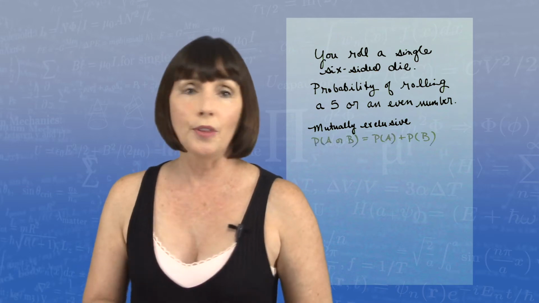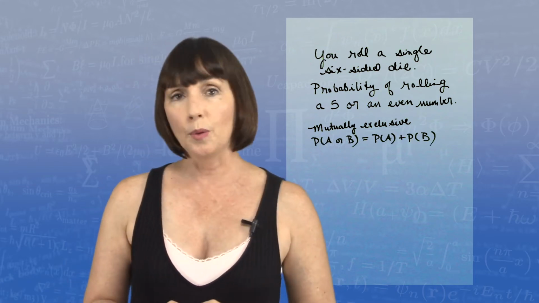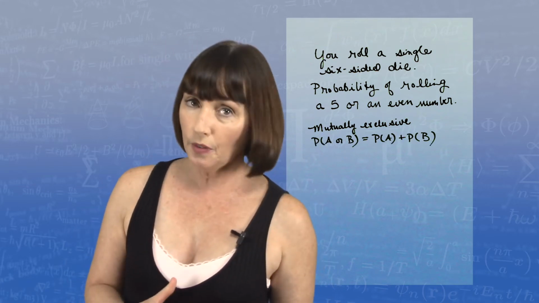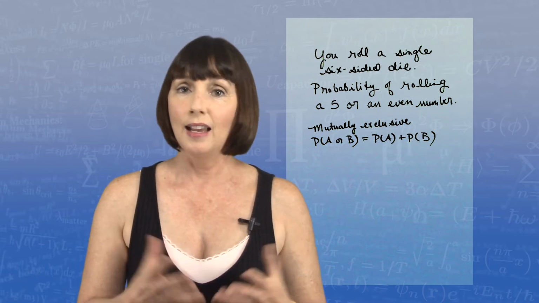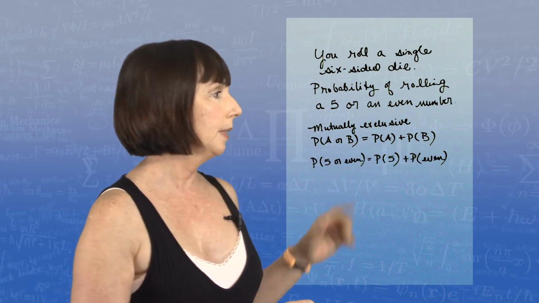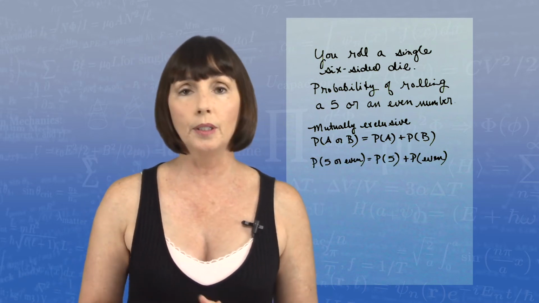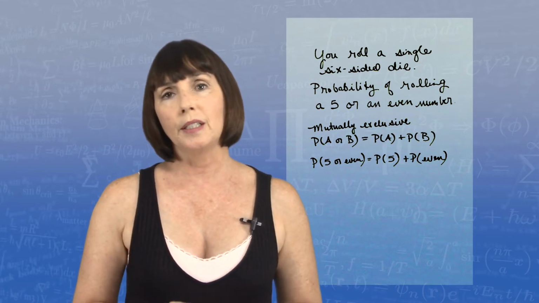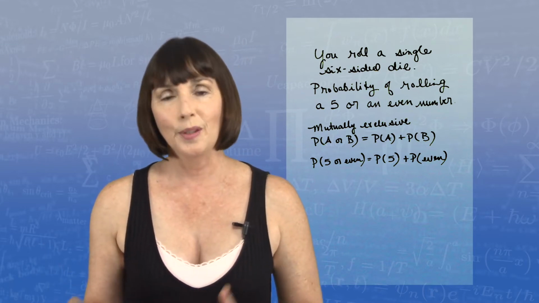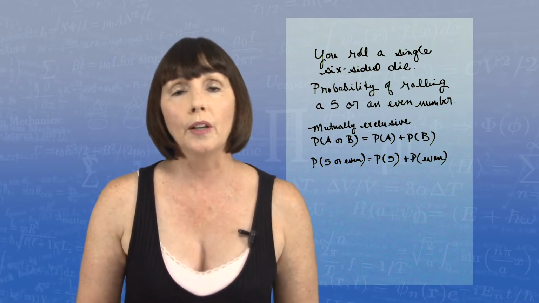So we'll remember that the probability of A or B is equal to the probability of A plus the probability of B for mutually exclusive events. And in this case, that means that the probability of rolling a 5 or an even number is equal to the probability of rolling a 5 plus the probability of rolling an even number. Okay, so what's the probability of rolling a 5?